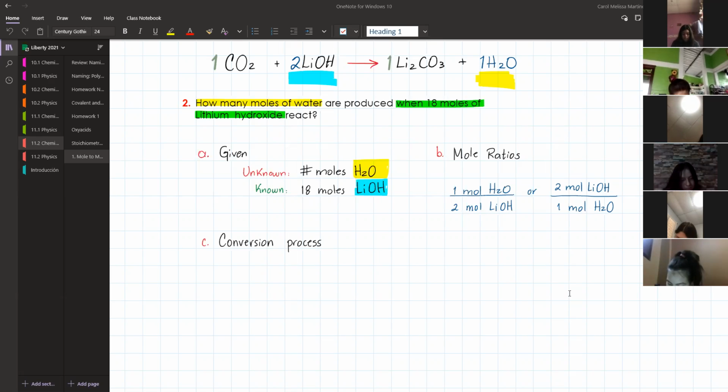You always start the conversion process by what data? Given. The given, in this case, the known 18 moles of LiOH.